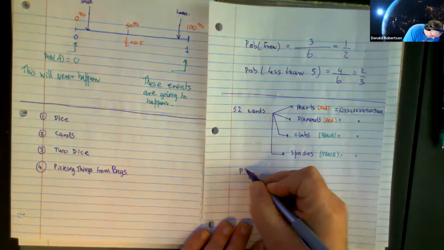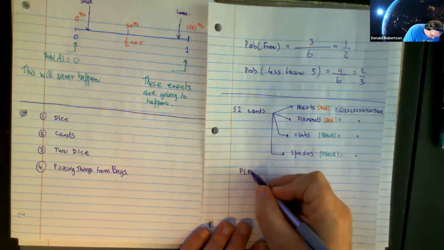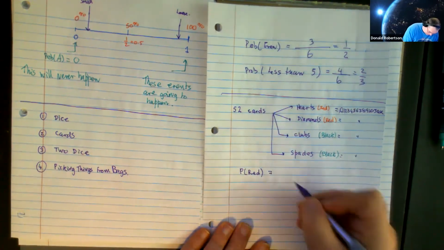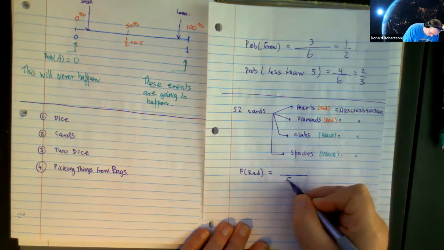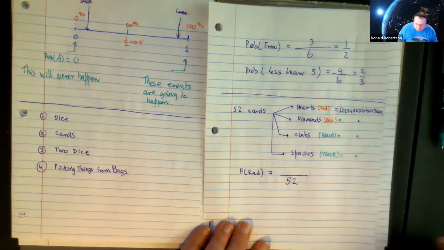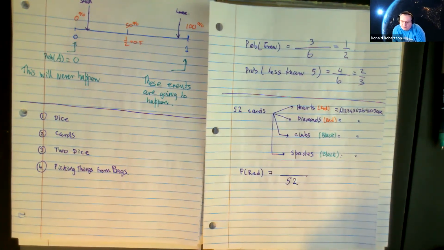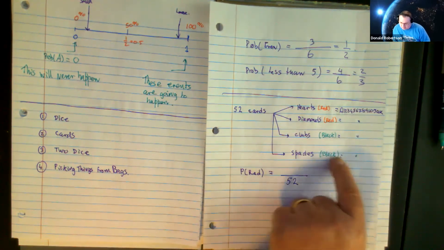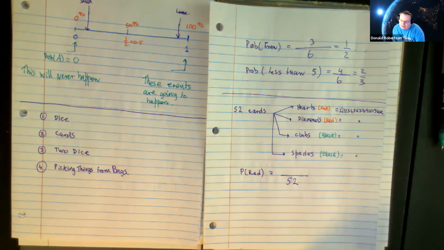So let's do some probabilities. What's the probability that I have a red card? Well, there are 52 cards in a deck, so there's just going to be 52 on the bottom. And if I say red cards, how many of those 52 are red in color? 26.